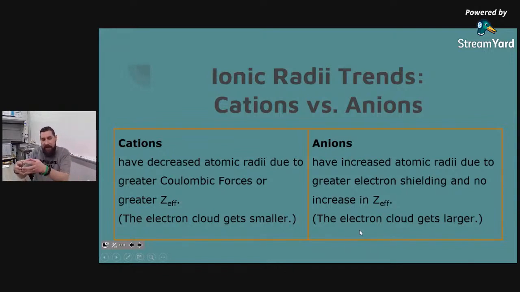For anions, as they gain electrons and their radius increases, now that I know that nonmetal anions are all going to increase compared to their neutral atom, now I can compare within that group or that period. So first, cations and anions and what happens for the ion versus the neutral.